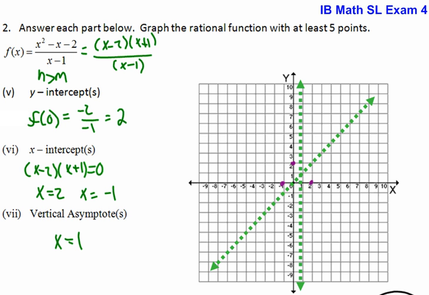All right, so maybe if we did a few points, I'll just do them up here. Say if we plugged in negative 2 and negative 3. If we plugged in negative 2, f of negative 2, we get negative 4/3. So negative 4/3 is negative 1 and 1/3, so about right there.